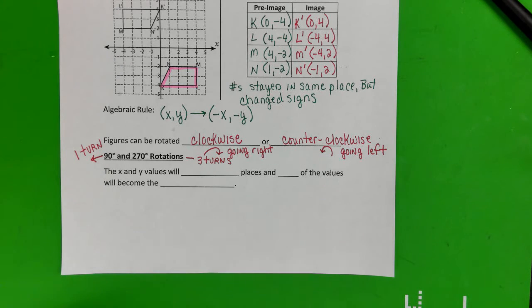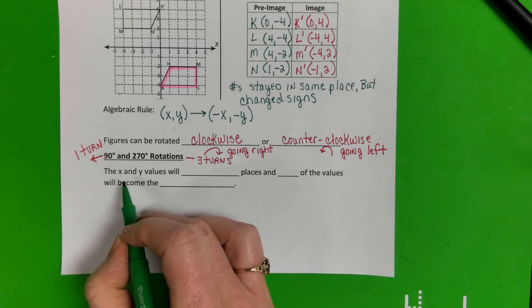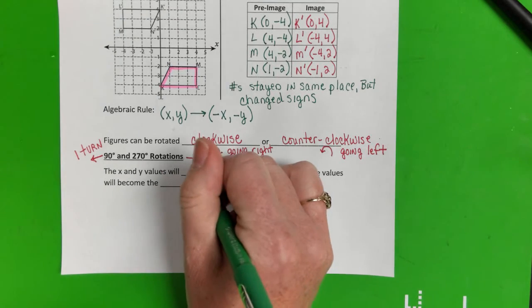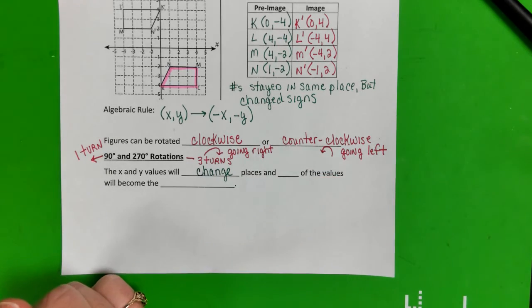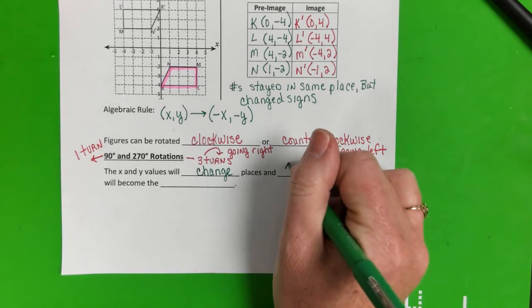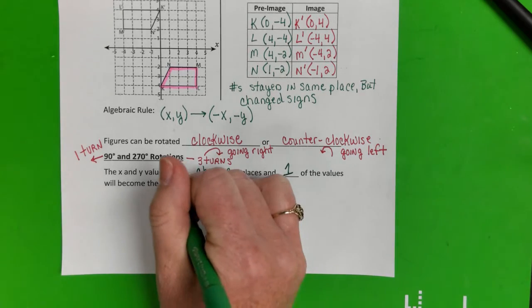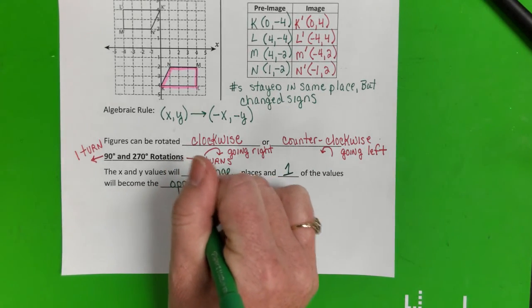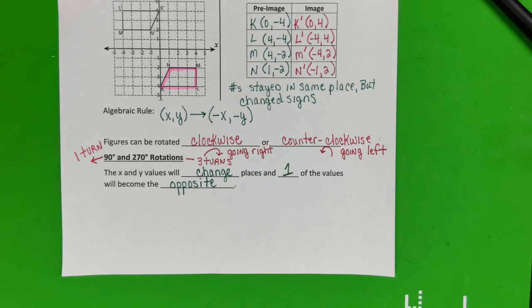It depends on what the rule is. But all we need to know is that the x and y values will change places, and just one of the values will become the opposite.